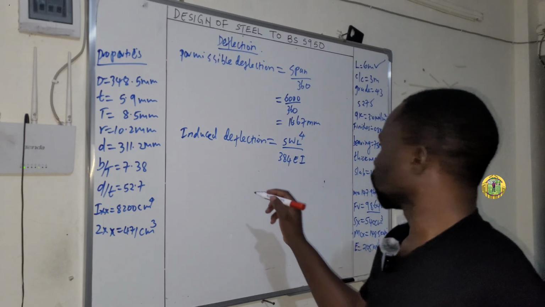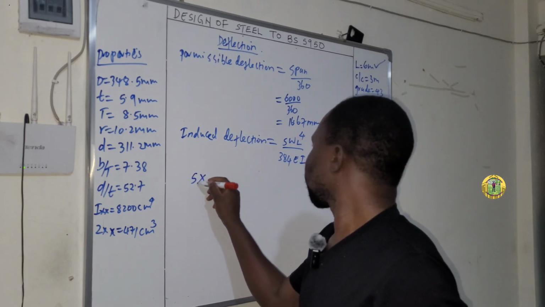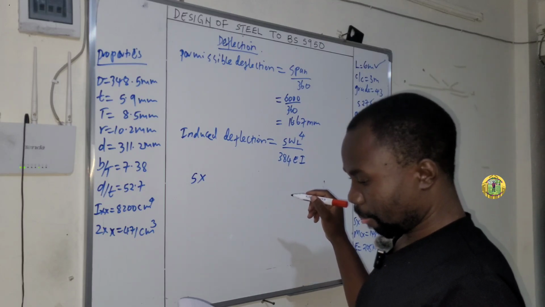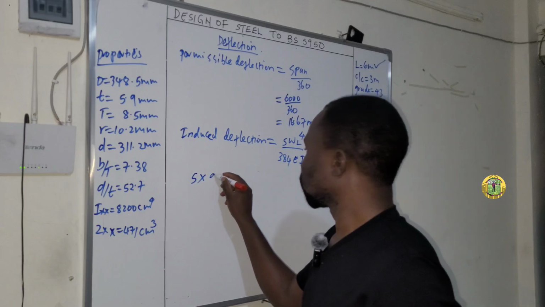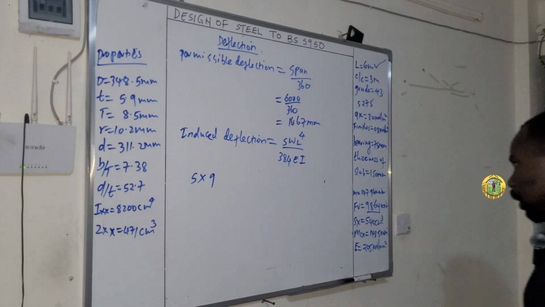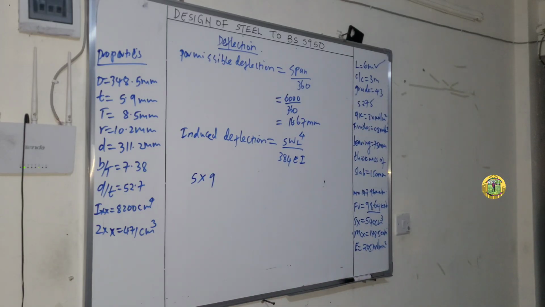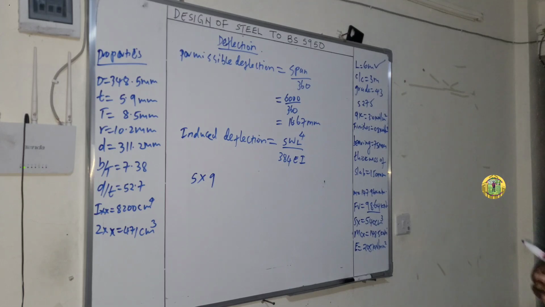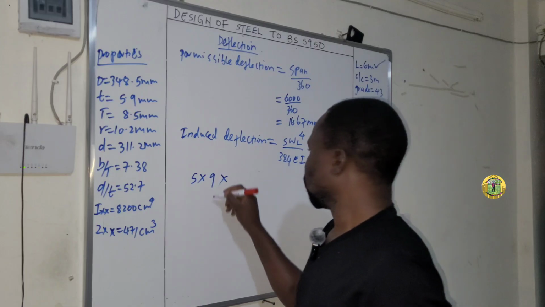So this one is equal to 5 times W. W here is 9, the imposed load. Again, remember, I said that when you are calculating the induced deflection, you always use the imposed load. Only use the imposed load and forget about the dead load. So our imposed load was 9 times our length.